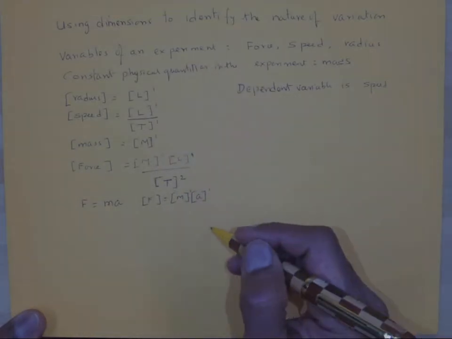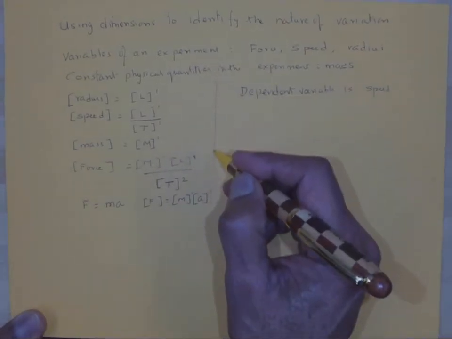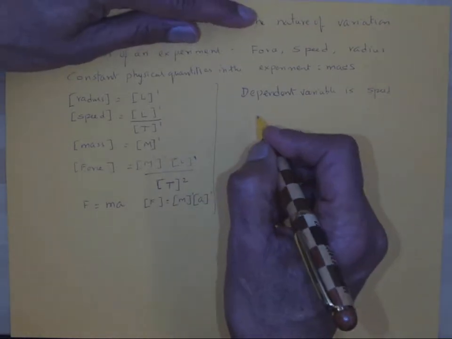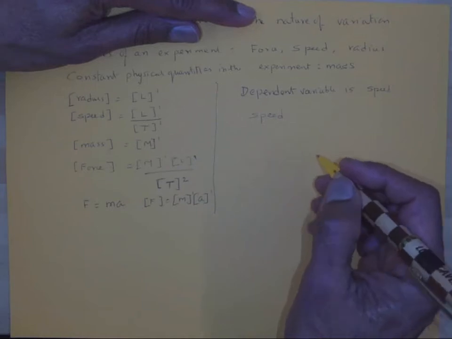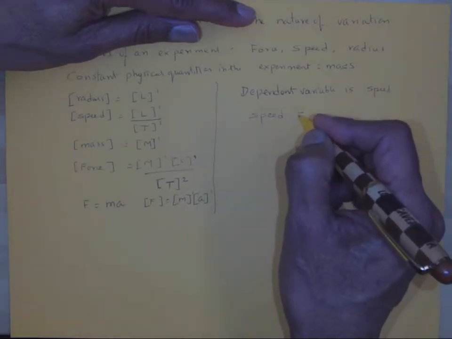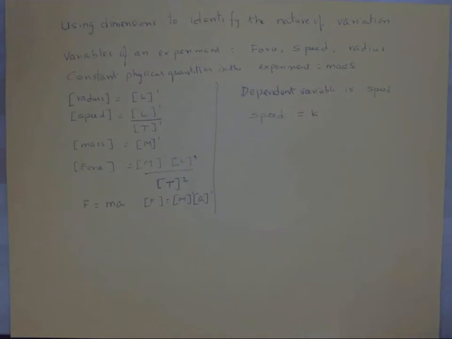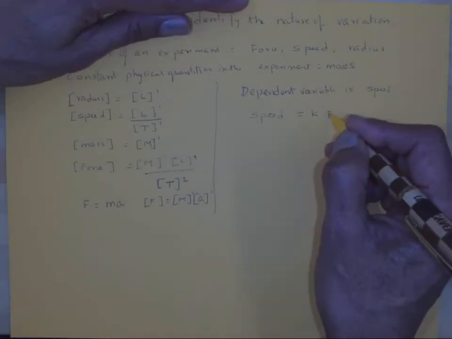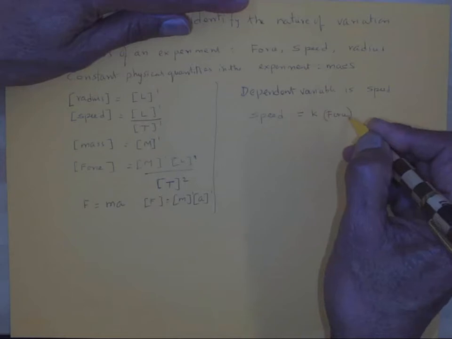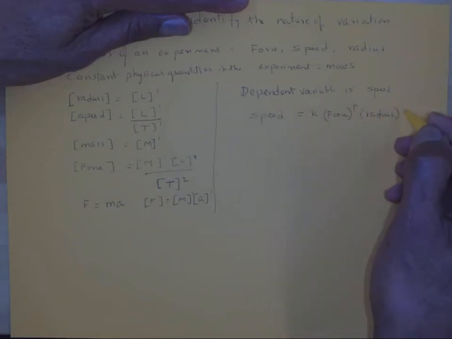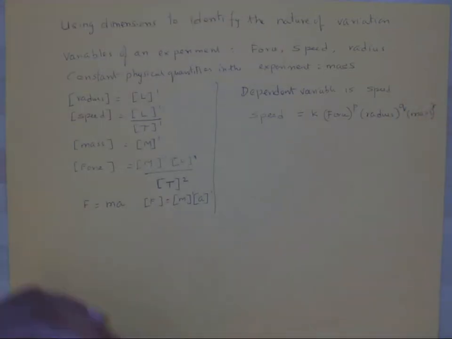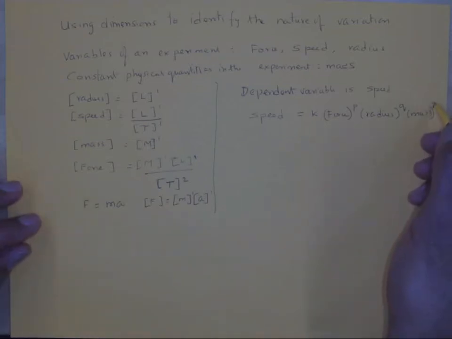Now we have established these things. If the dependent variable is speed, let us say our relationship looks like this. Speed is given as K, which is a constant, times force raised to P, radius raised to Q, and mass raised to S. Not R, let's call it S, because R can be confused with radius.